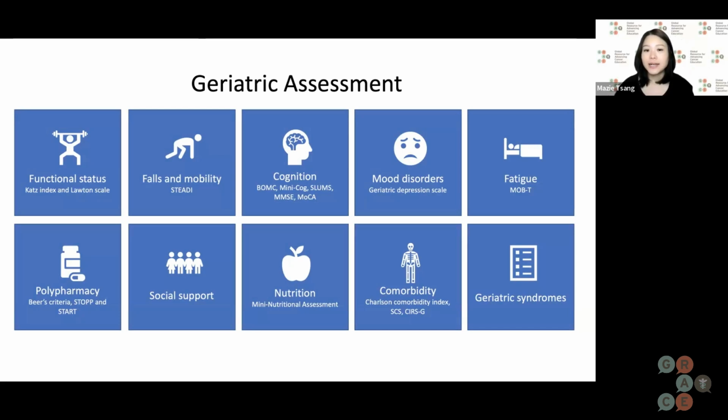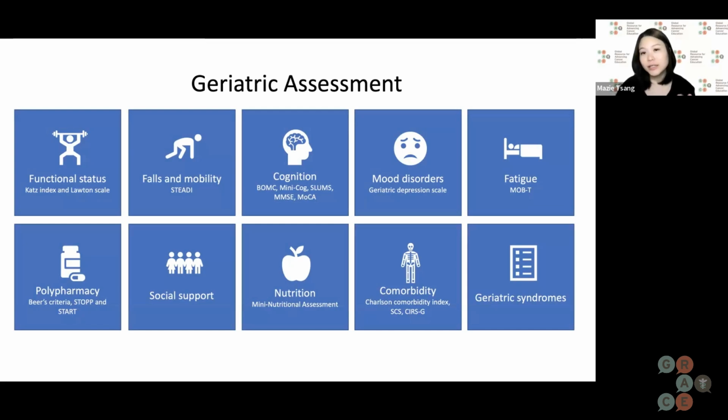Cognition assesses how much you're able to recall and execute your memory so that you could function day to day. And oftentimes, we can use different types of assessments that could give different ways of measuring cognition. And any one of these would be a perfectly fine instrument to consider.